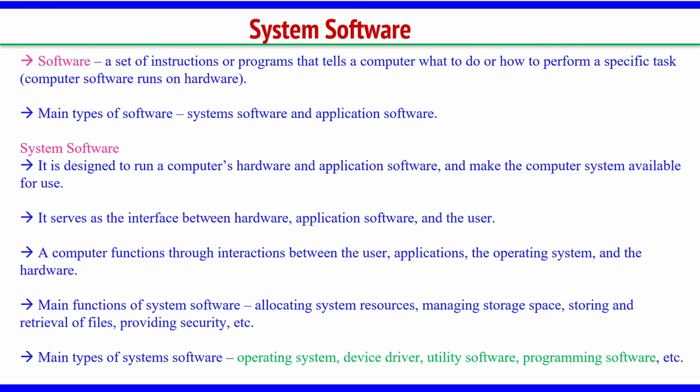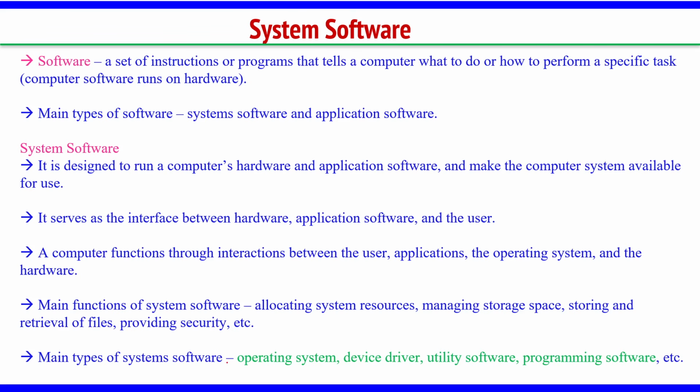What is this system software and application software? Right. System software, it is designed to run a computer's hardware and application software. You see, if there is some application software, if I want to run this, I can do it only with the help of system software. Right. You see the example.